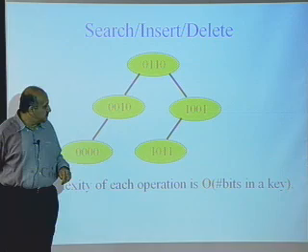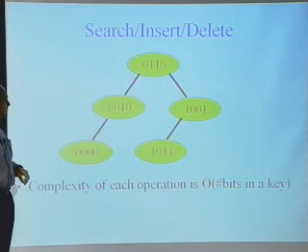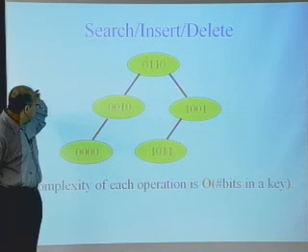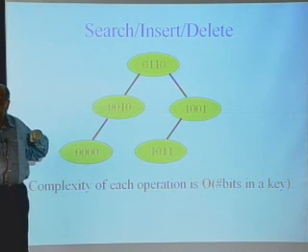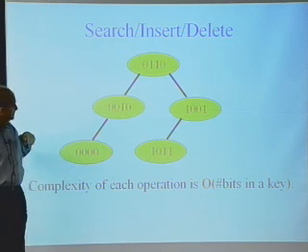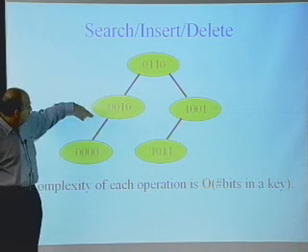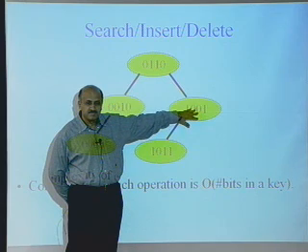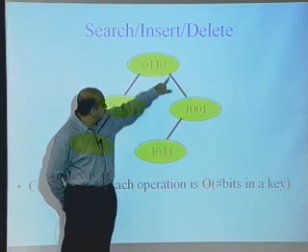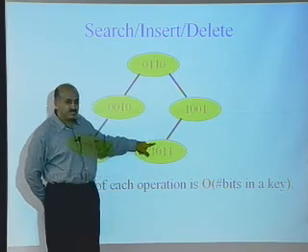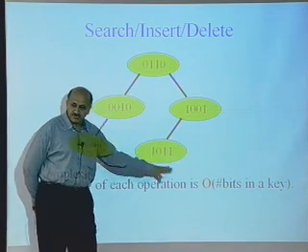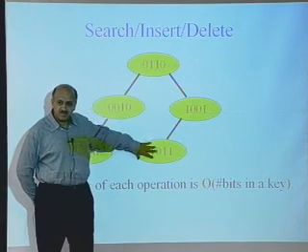Now, some things that don't work, for example, is if you're trying to remove, let's say this one, 1001, then if you just change the pointer from here to here, and assume for a moment there are subtrees down here, you will end up with a problem.